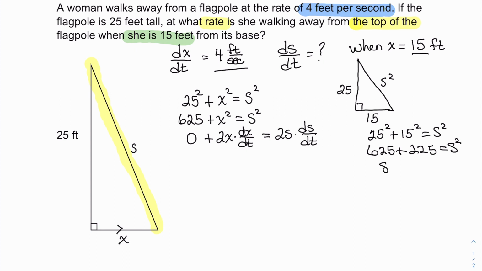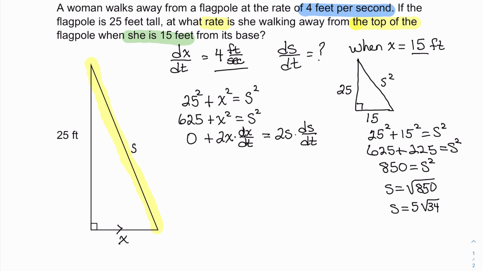That gives me 850 is equal to s squared. So s is equal to the square root of 850 when x is 15 and your flagpole stays at its 25 feet, which as a simplified radical, s is equal to 5 times the square root of 34.